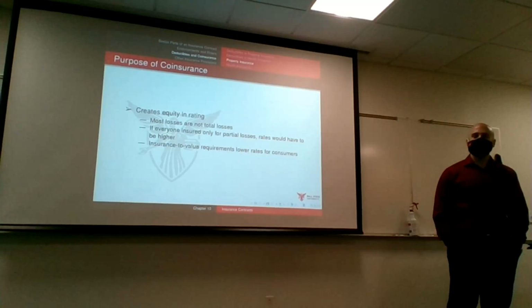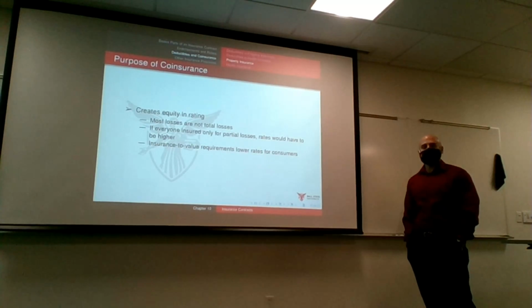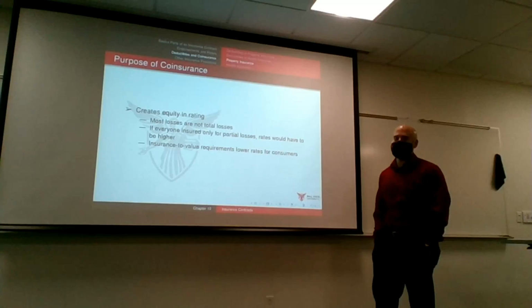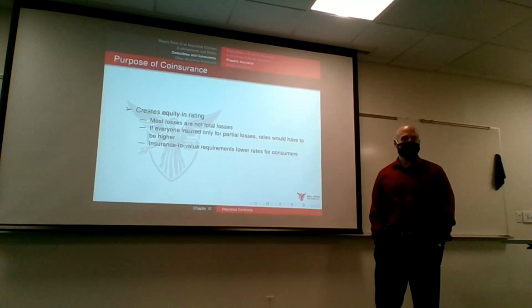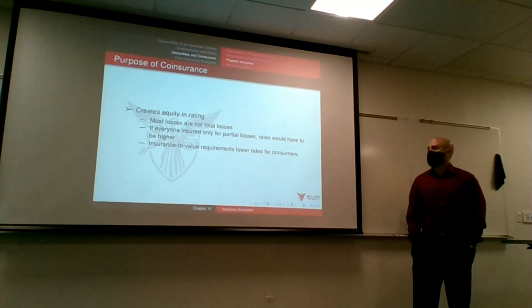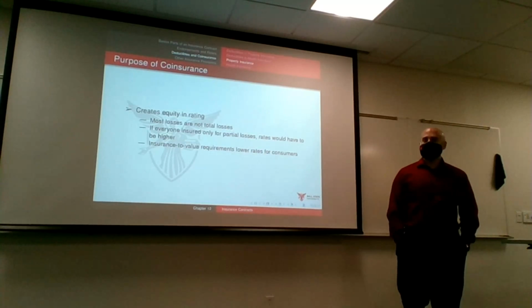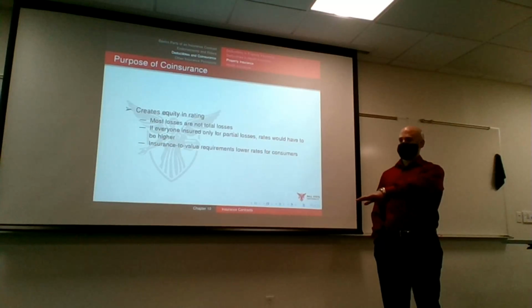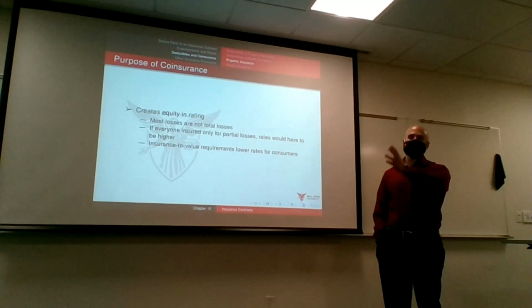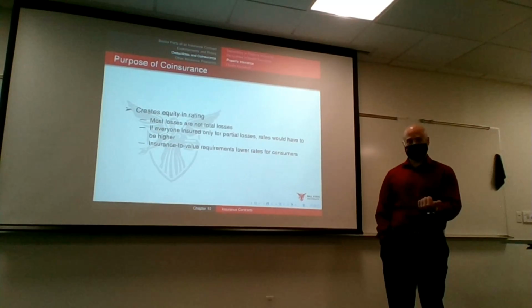But the thing is, most losses are not total losses anyway. So if we require you to have 80, 85% coverage, we're kind of banking on you're not going to need the full 100%. Now, if for some reason we allowed you to purchase that $300,000 of coverage and say that's good enough, we'll pay for full losses, that could create moral hazard issues.